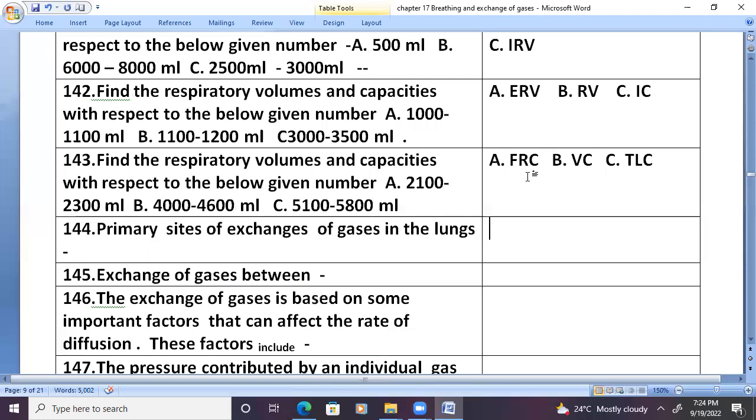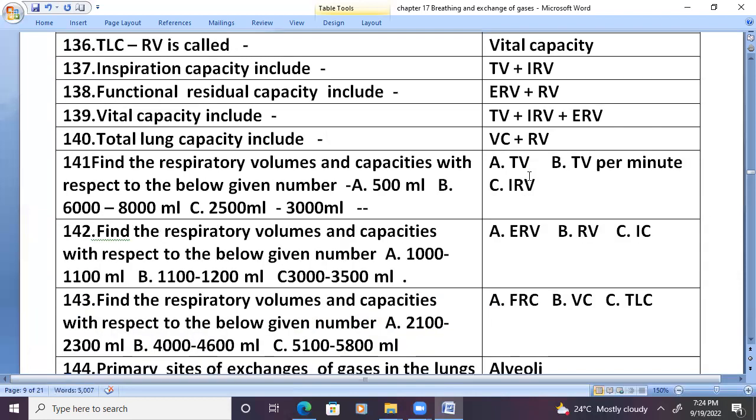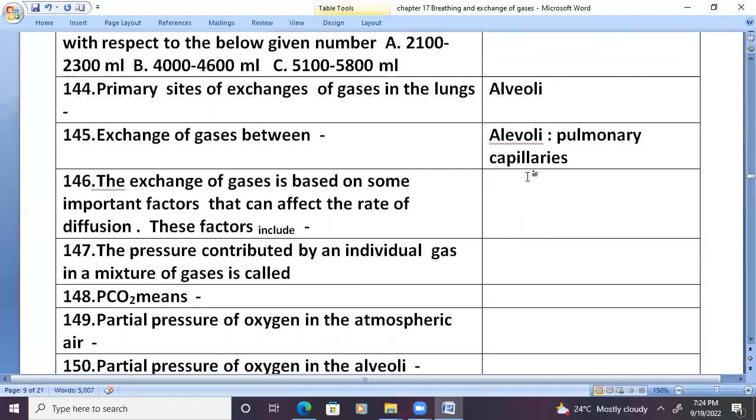Primary sites of exchange of gases in the lungs: alveoli. Exchange of gases occurs between alveoli and blood capillaries, particularly pulmonary capillaries. Exchange of gases depends on some important factors that can affect the rate of diffusion.